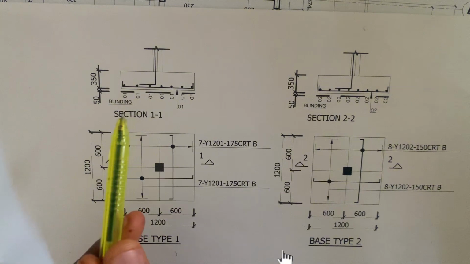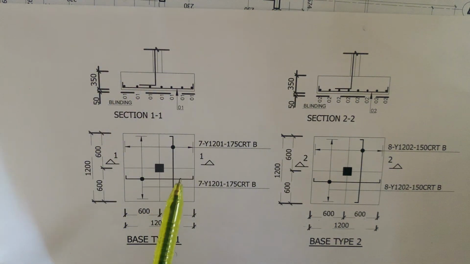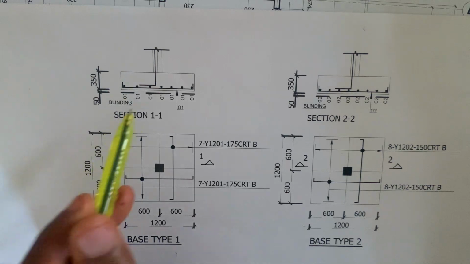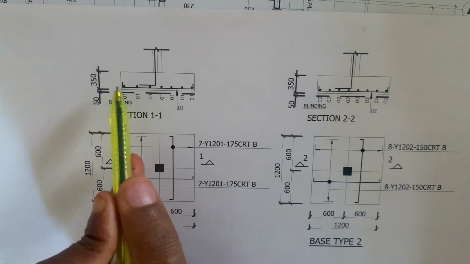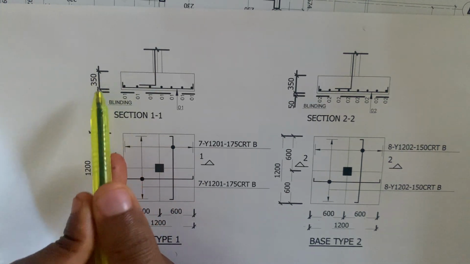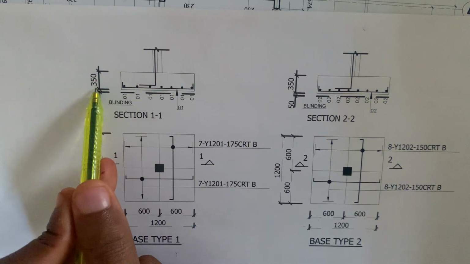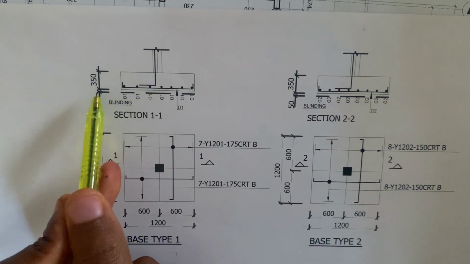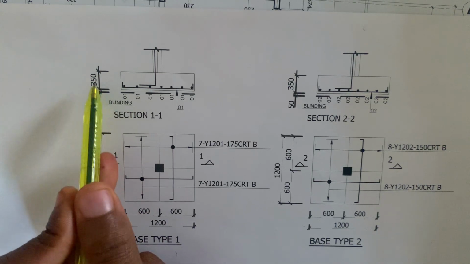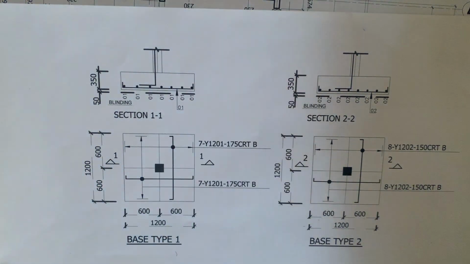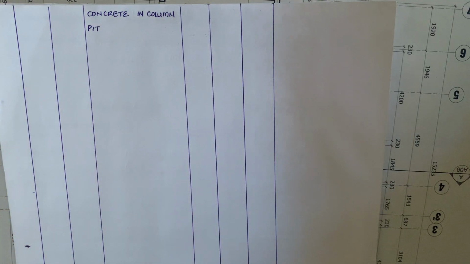Now if you look at this drawing of base type 1, you can see that the section through 1 states the thickness of the concrete for the column base, and it is giving us 350. So 350 is the thickness of our concrete for the column pit, and it is the same throughout column base 1 to 5. So since we know the thickness of our concrete now, we can now start booking.